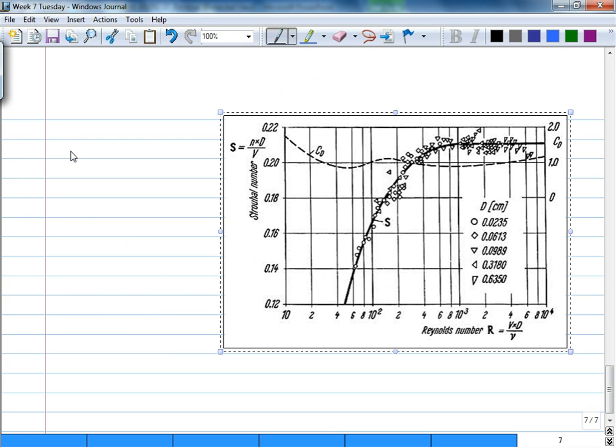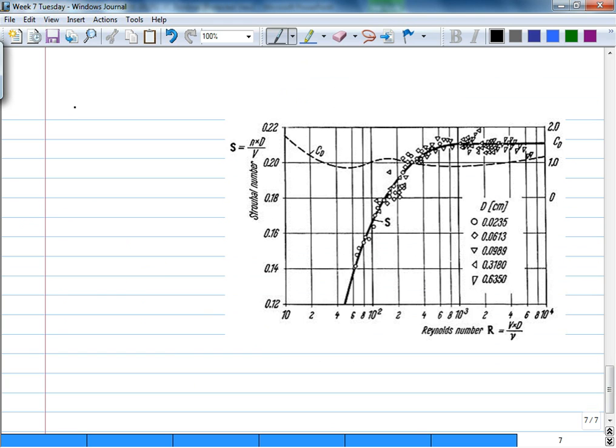Not quite rare, but sometimes it happens. That cylinder, maybe the diameter is 3 meters, velocity 10 meters per second in the wind. So maybe this could be a chimney stack outside in the wind. I want to predict, in this particular situation, the drag force and the shedding frequency. That's it. If I predict anything else, this graph cannot tell me anything.